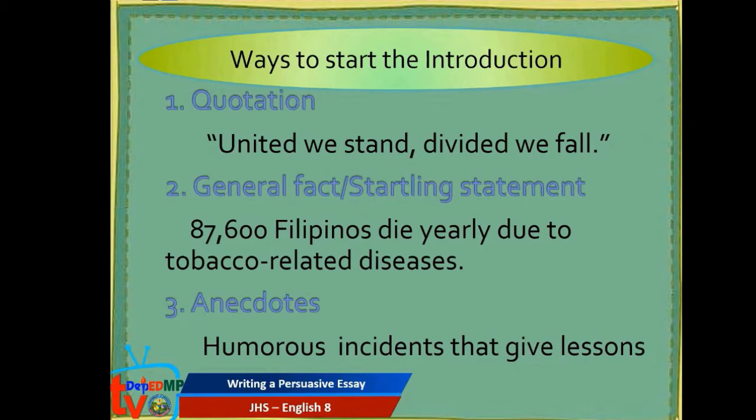If you said teamwork or cooperation, that would be right. A general fact could be a startling statement that motivates us to continue reading. It may also include statistics about the topic. On the other hand, an anecdote is a humorous incident or personal experience related to your topic.